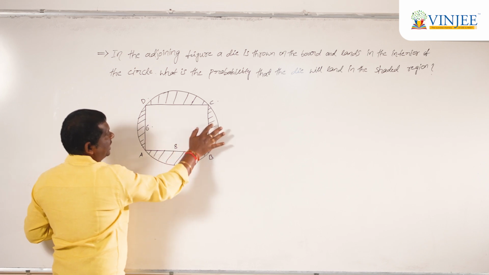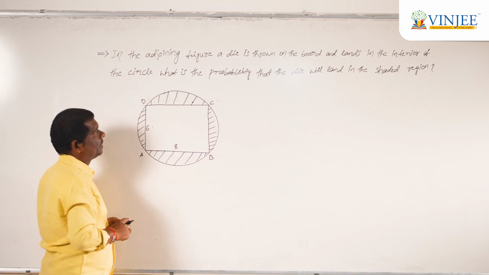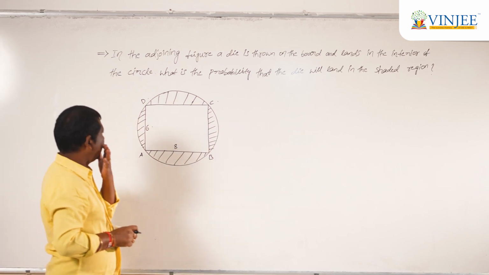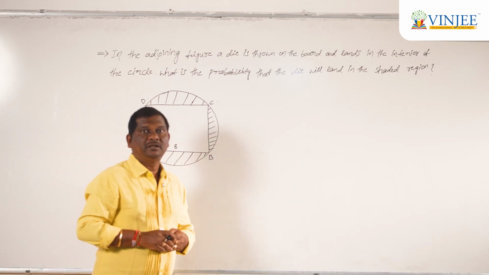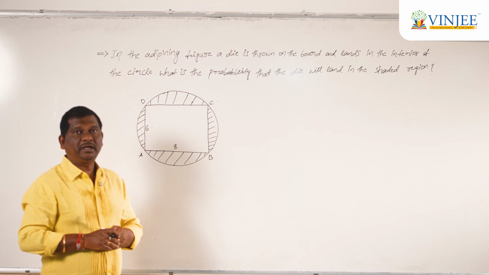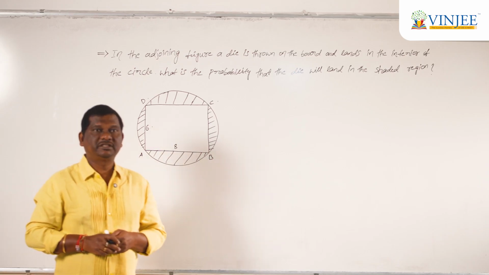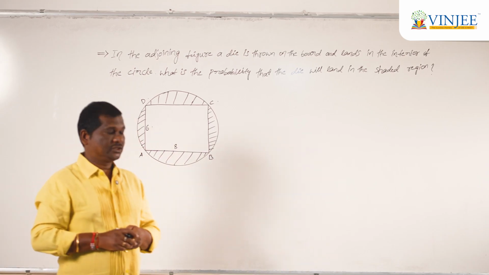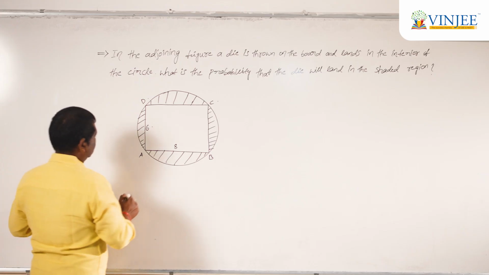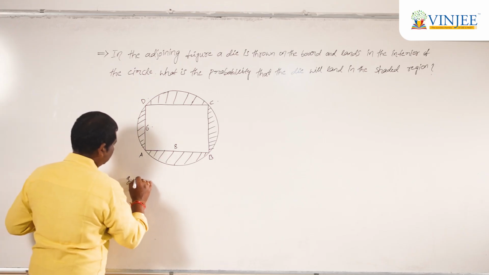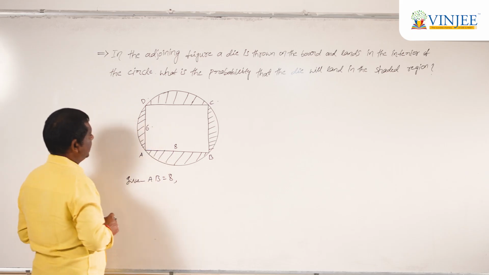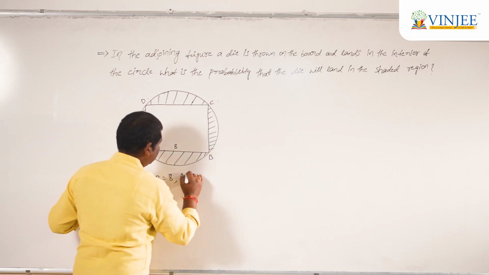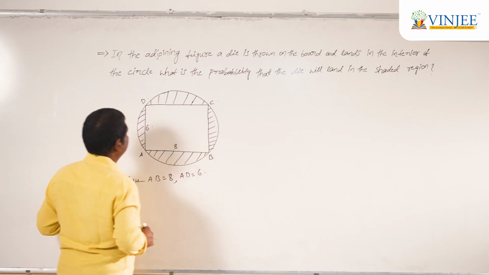First I want to find the area of the circle. To find the area of the circle, we need the radius. How can we calculate the radius? Given AB is equal to 8 and AD is equal to 6.